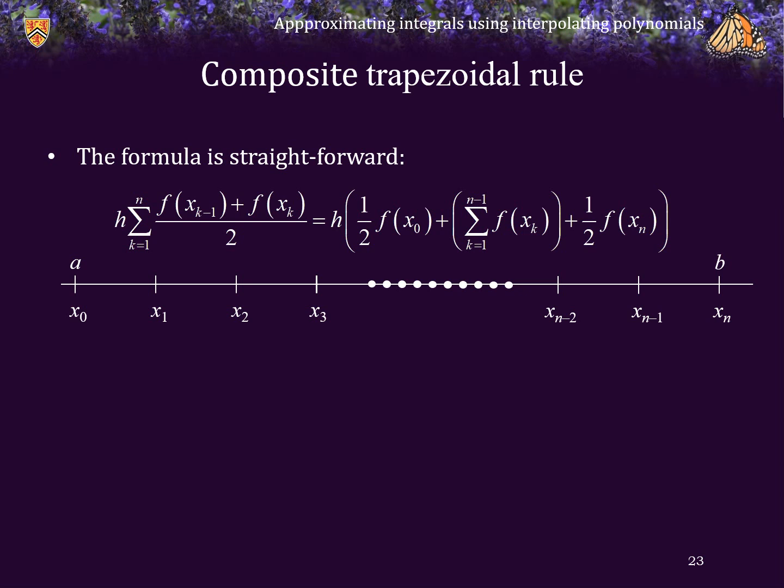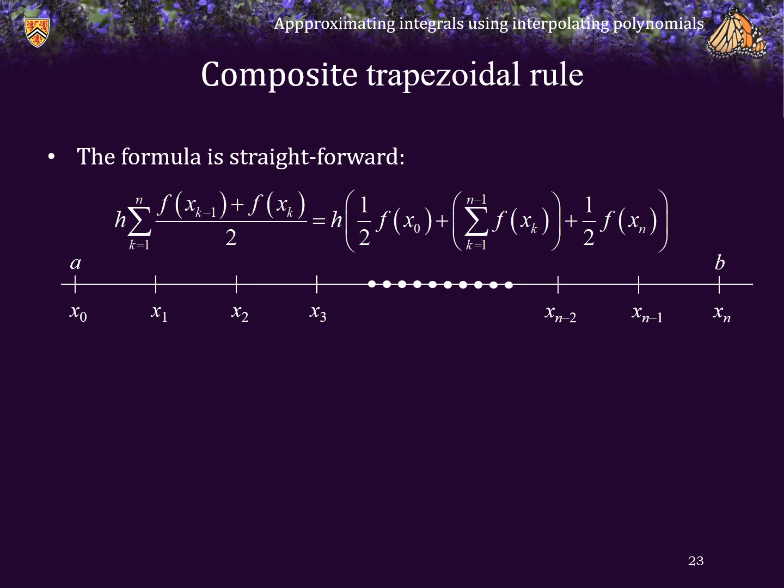Let's take a look at the formula that approximates the integral. We have h times the sum of the average of the value of the function at each of the endpoints. Notice that, starting on the left, we have a half f at x naught plus a half f at x1. For the next subinterval, the approximation is a half f at x1 plus a half f at x2.